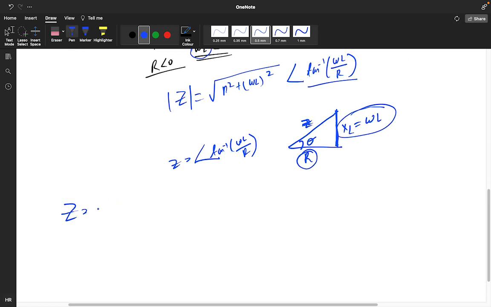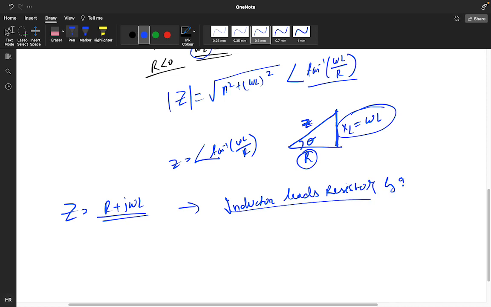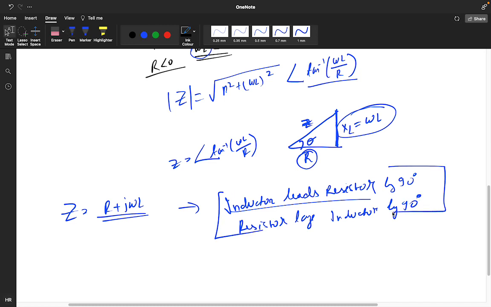In an RL series circuit, Z is equal to R plus j omega L. In this, we are getting that the inductor leads the resistor by 90 degrees, and the resistor lags the inductor by 90 degrees.